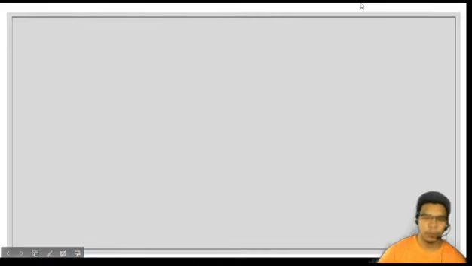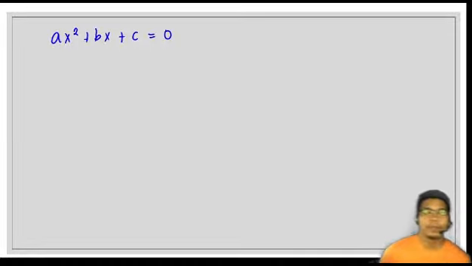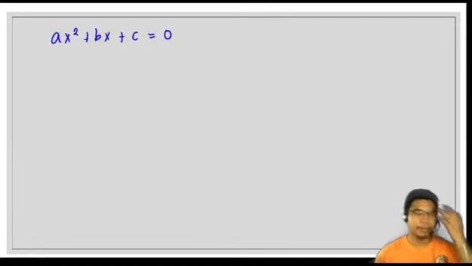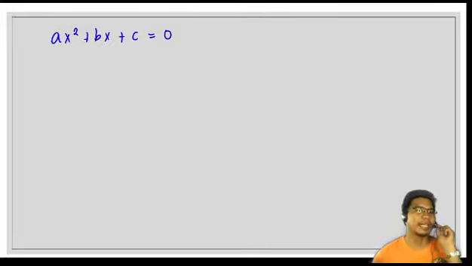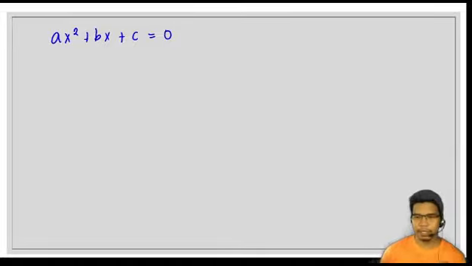Okay, so we're just going to use our knowledge in completing the square using our quadratic equation in standard form, which is given by ax squared plus bx plus c equal to 0. So, using this quadratic equation in standard form, i-derive natin yung ating quadratic formula kung saan ba siya nanggaling at paano siya nakuha using the completing the square.